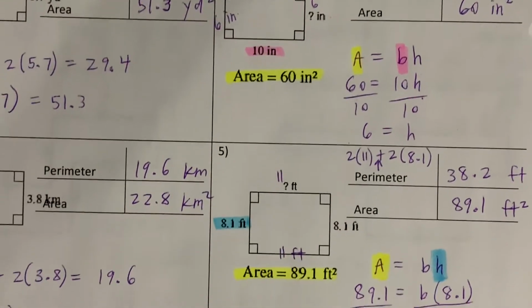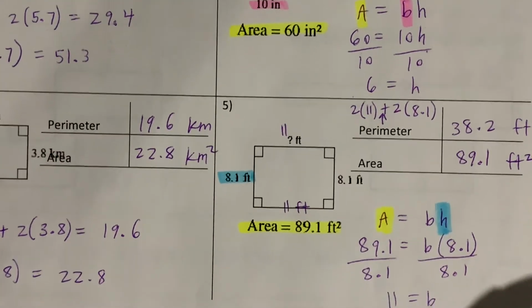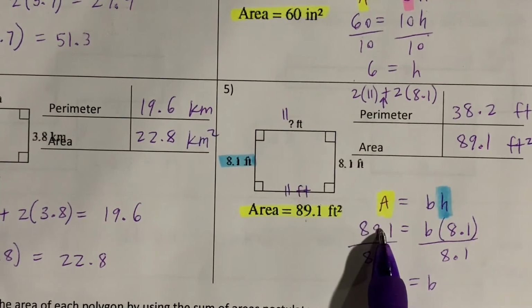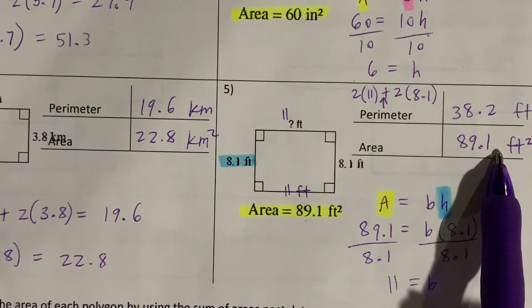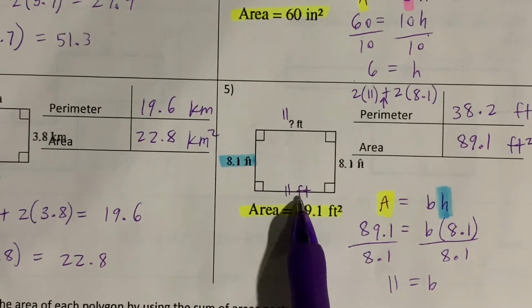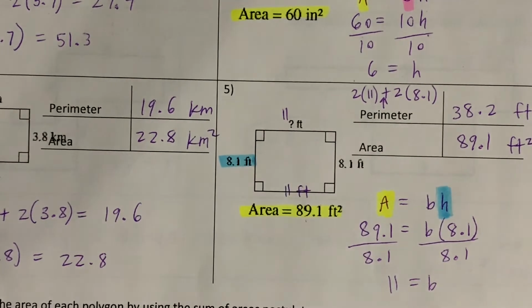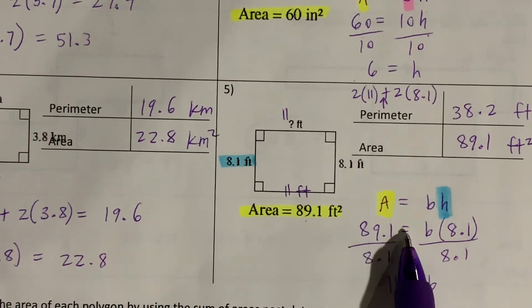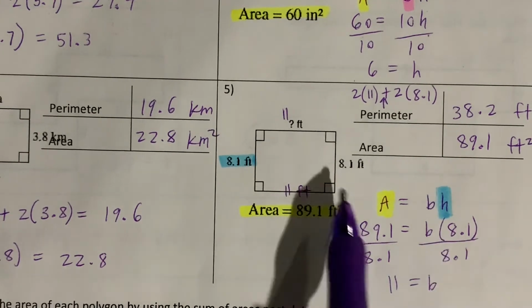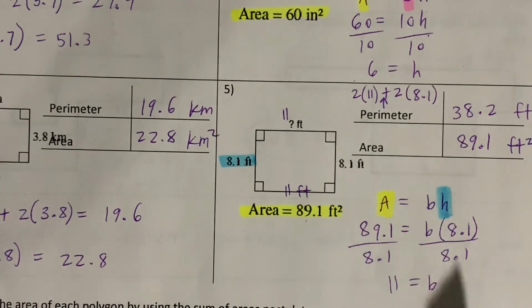On U-try 5, I was still given my area. So I filled in my area, and right away I could put it in my table. However, on this one, I was given my height, and I was missing my base. My base was unknown. So I filled in my area, set it equal to my base, which is our unknown, what we're trying to find, times, so I used parentheses to indicate multiplication here, times our height, which was 8.1.